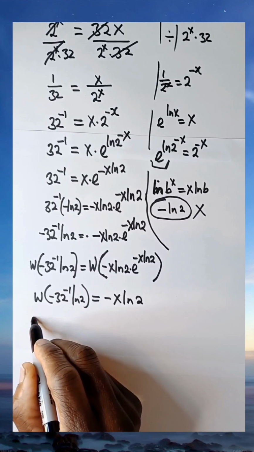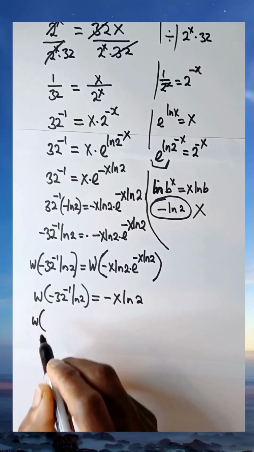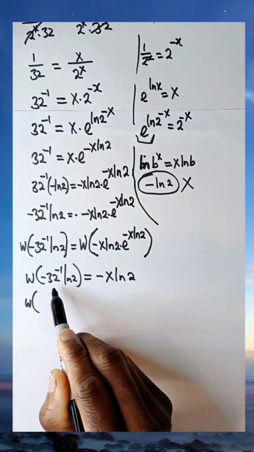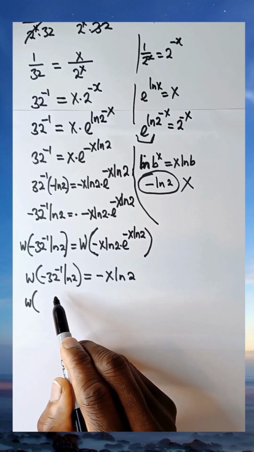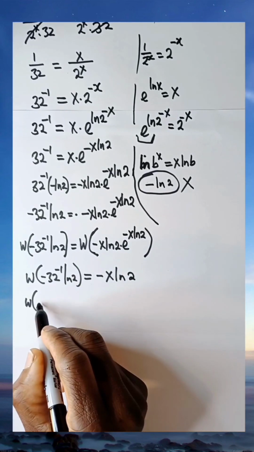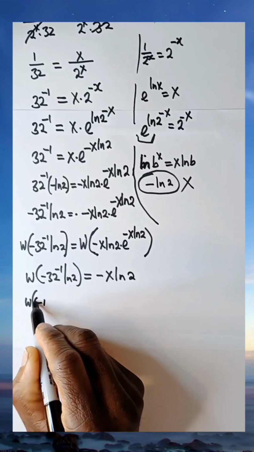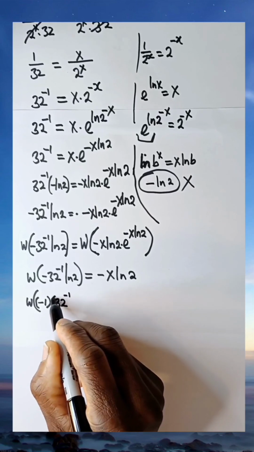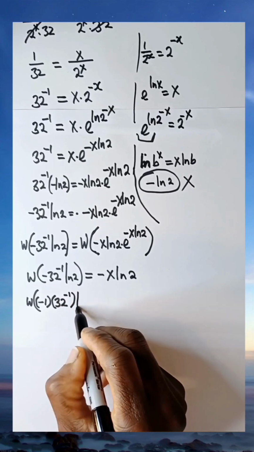Okay, we will also make the left hand side to be in the format specified by the Lambert W function. So here we have the Lambert W of, we are going to manipulate what we have in the parentheses so that it will be in the form specified by the Lambert W. This minus 32 raised to the power of minus 1, I can write it as minus 1 times 32 raised to the power of minus 1, times the natural log of 2.